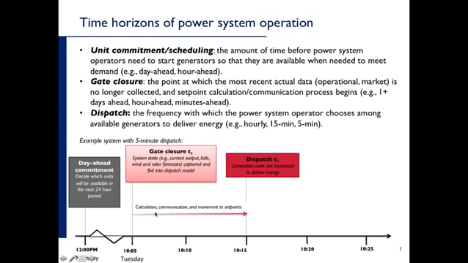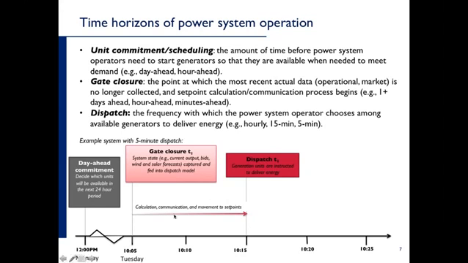So we do those calculations, then we need to send the data to the specific generators so that they know where to position themselves, and then we allow some time, usually 5 minutes or so, for the generators to move to their new set point, to their new dispatch point. By 10:15, we have calculated, communicated, and dispatched all the units to their new set points.